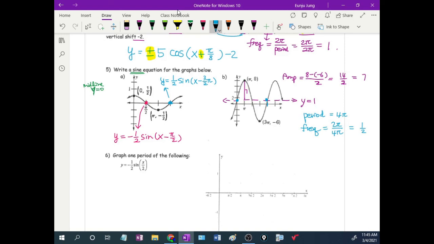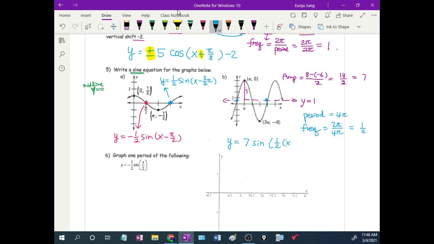Let's write the equation. Y equals, let's start with the positive one, without left to right translation. That would be easier, right? So let's start from here. This will be amplitude 7. It's going upwards first, there is no reflection, so it's +7. And sine, frequency 1/2, parenthesis for the factor here.